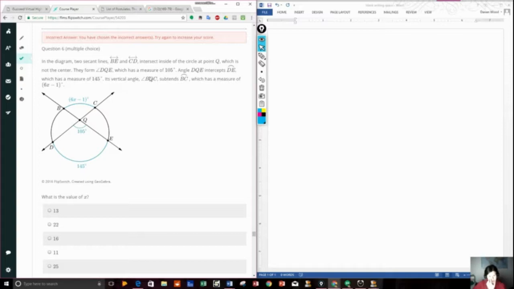Its vertical angle, angle BQC, subtends arc BC, which has a measure of 6x minus 1. What is the value of x? Okay, well, we know that vertical angles have the exact same value. So we know then that BQC is 105.